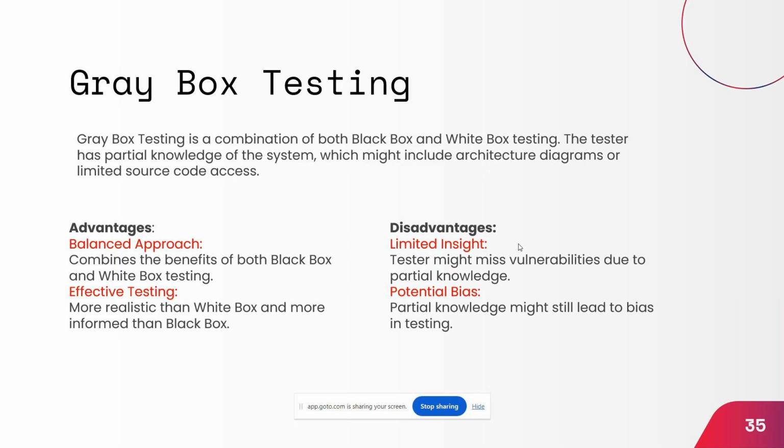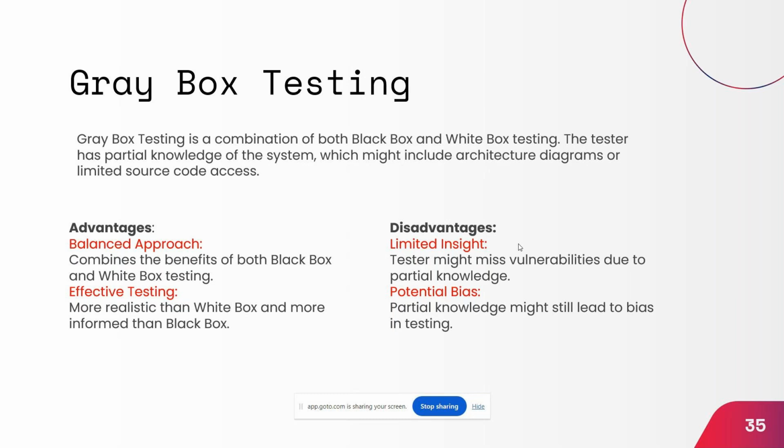Combining both black box and white box testing approaches, it is effective, more realistic than white box and more informed than black box pen testing. The disadvantage is the tester might miss vulnerabilities due to partial knowledge, and partial knowledge might still lead to bias in testing, right?